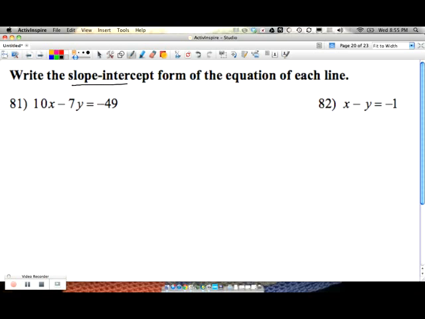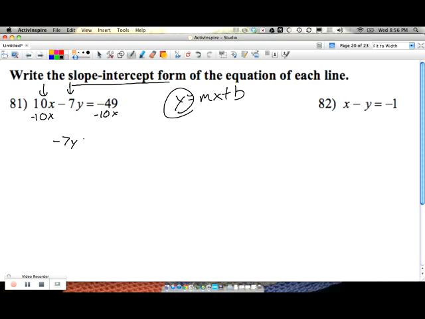Write the slope-intercept form of the equation of each line. Okay, well, notice something about slope-intercept form. Y equals mx plus b. The y is by itself. You got to solve for the y. You got to get it by itself somehow. So we got to remove all the other pieces, all these coefficients, all these other terms away from that y. So the first thing I'm going to do is move this x.